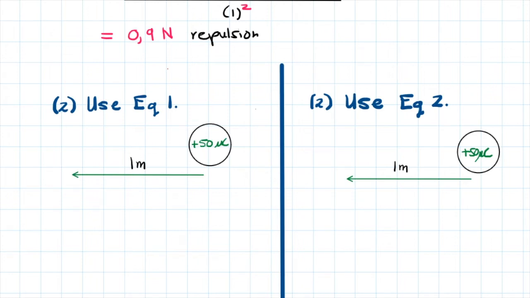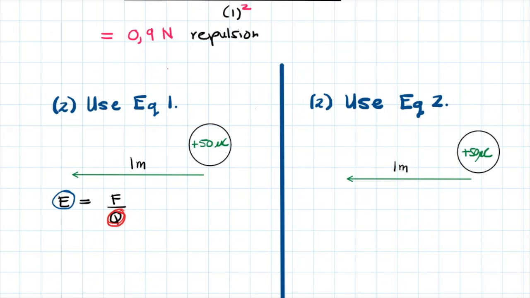So, the first equation is given as E is equal to F divided by Q. What is important to remember about this formula is that Q is not the charge of the actual charge whose electric field we're trying to measure. This field does not belong to this charge.